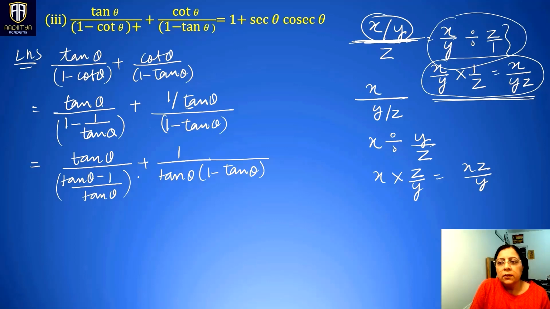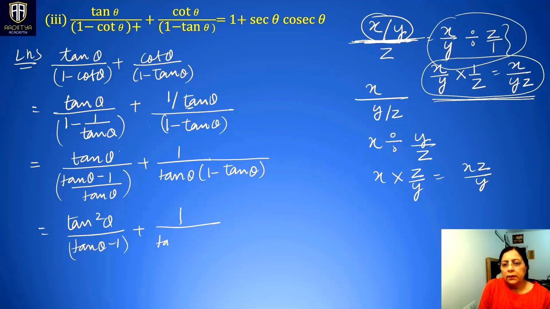That means this x and z, this tan theta goes into the numerator. So this becomes tan square theta. Tan theta minus 1. And here we have 1 upon tan theta in bracket 1 minus tan theta. I hope this complexity is resolved now by taking these simple steps.